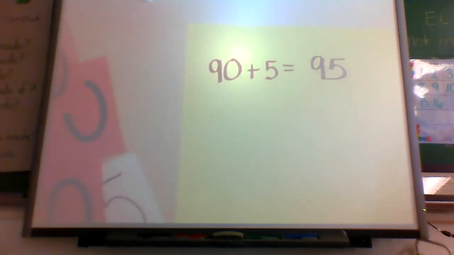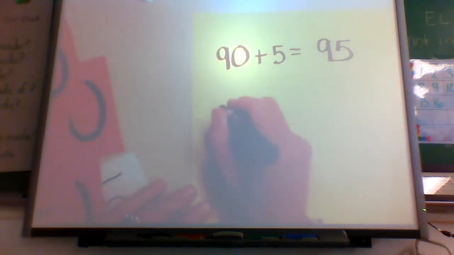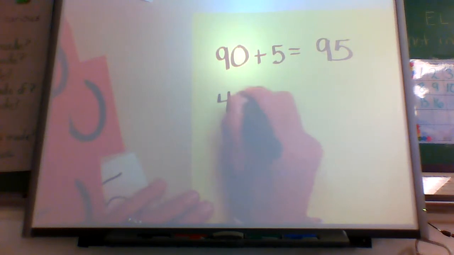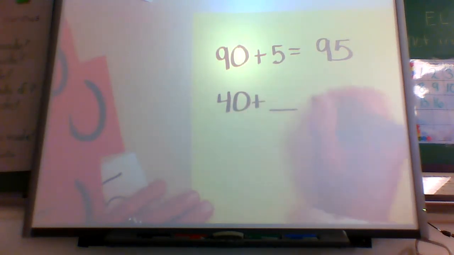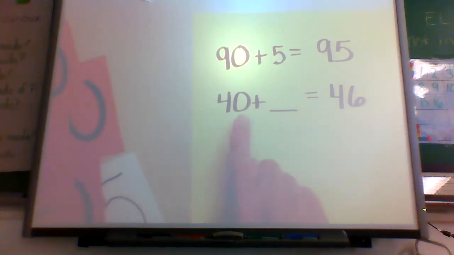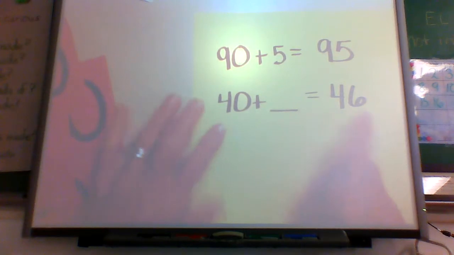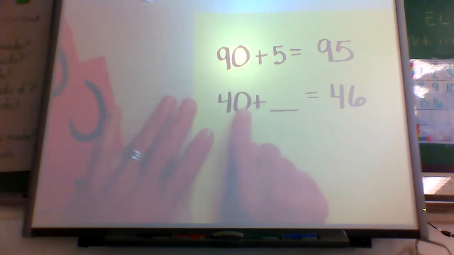Okay, let's see. Oh, I have a great one now. How about this? 40 plus what will give me 46? Okay? I have a 0 here, don't I? The 4s are the same, and I think that this 6 is going to cover that 0.